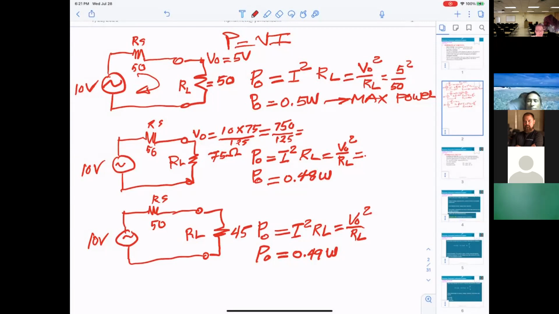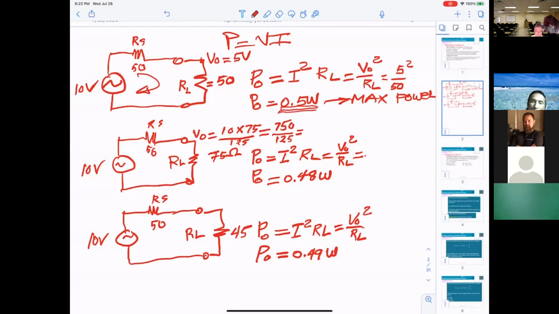This problem tries to bring it up to you. If you change 75 ohm to a different value, it will make quite a difference. But if you compare between the circuits, the maximum you can get is circuit number 1. Is it right? Correct.